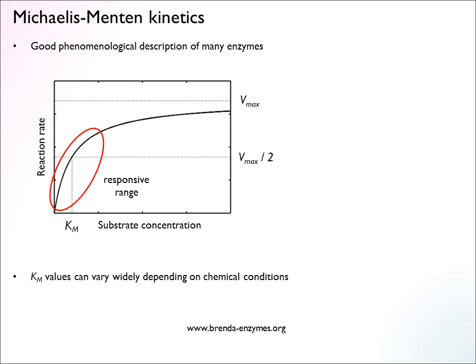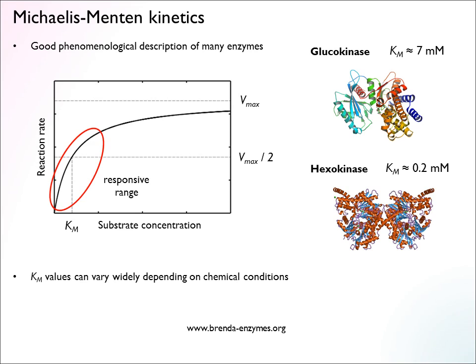So what is it useful for? Well, a classical example is to study the type of environment where a particular enzyme is active. The classical case is glucokinase and hexokinase. Glucokinase is an isoform of the enzyme that phosphorylates glucose, and it is expressed in the liver and pancreas.